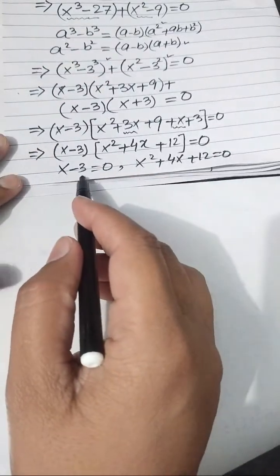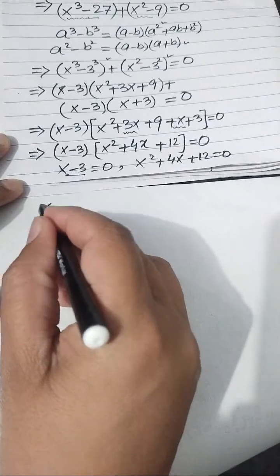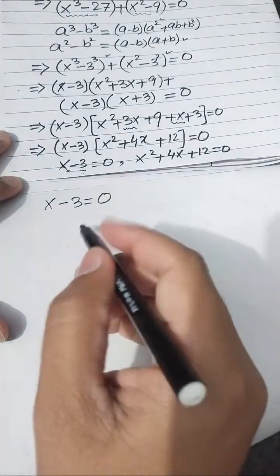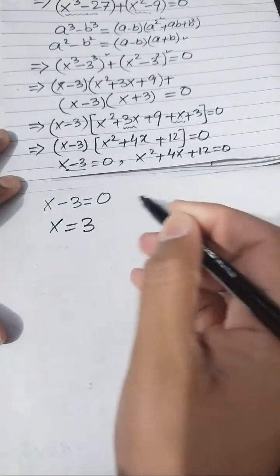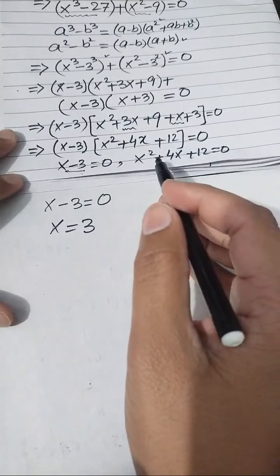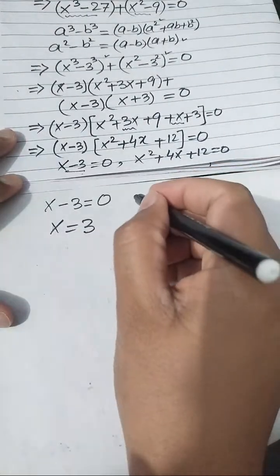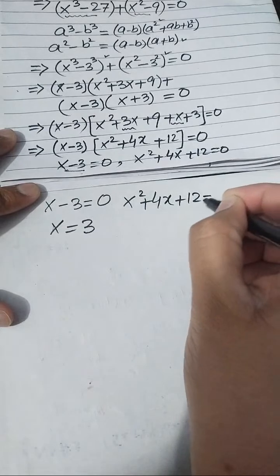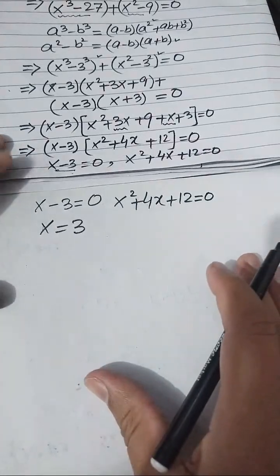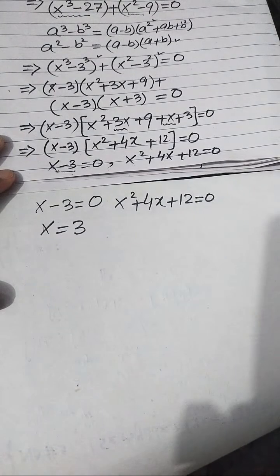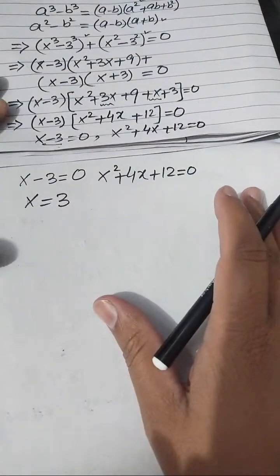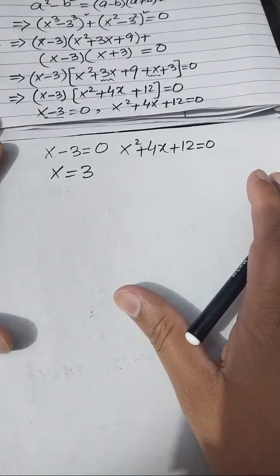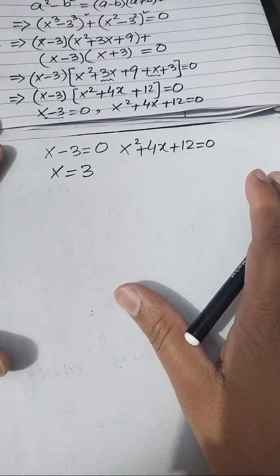First we focus on the first case. Here we have x minus 3 is equal to 0, and we get the value of x, which is 3. Now we focus on x squared plus 4x plus 12 is equal to 0. The conditions of this problem are that we will find only the real solution or positive integer values.